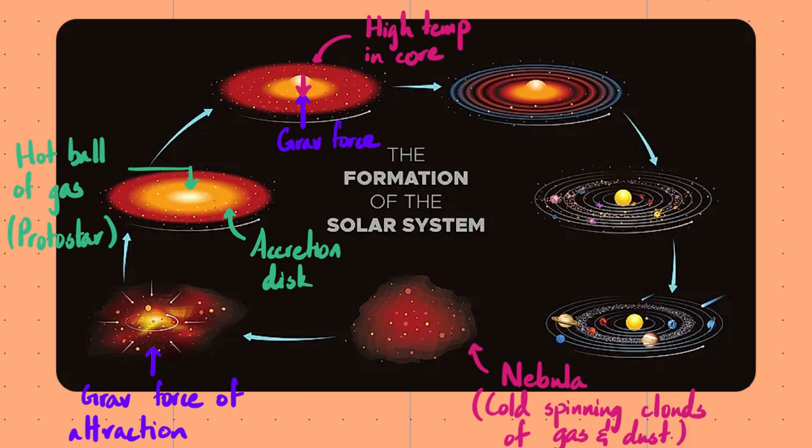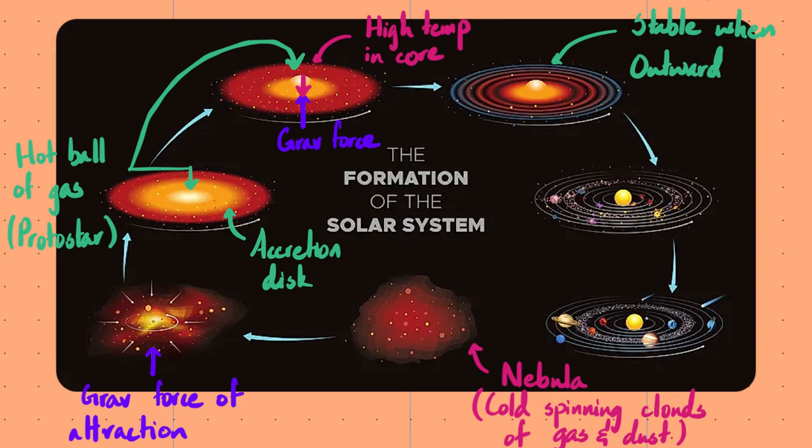When a stable star is formed, such as the sun, so first of all let me label that this is also the protostar here, ये जो center में है. So in a stable star, ये तब होता है when the outward force due to the temperature is balanced out by the gravitational force.